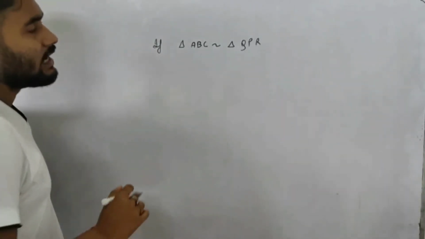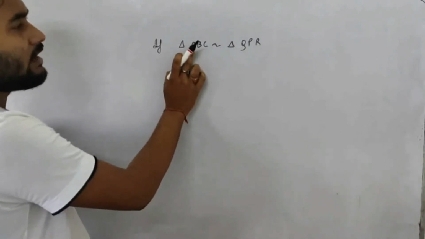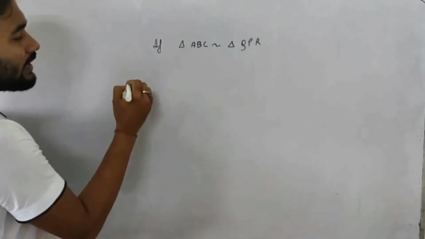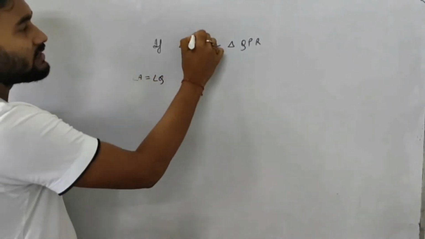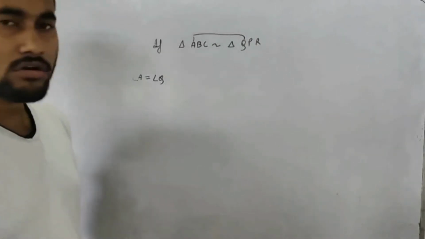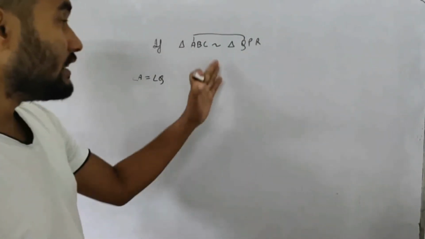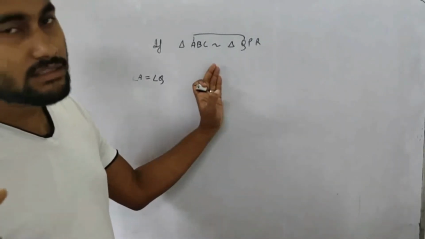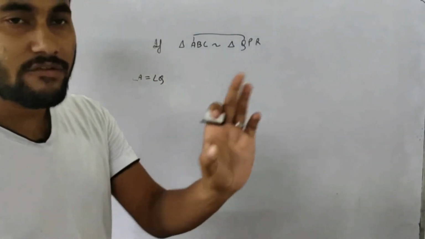Now you know that the book has given that with triangle ABC, QPR is similar. So that means I can see that angle A should be equal to angle Q. Whatever position it will take, it will also take the same position. In the book they have to say that it is similar. If in the book it is not said, then you cannot take this chance, okay. This trick will only apply if in the question it is given.